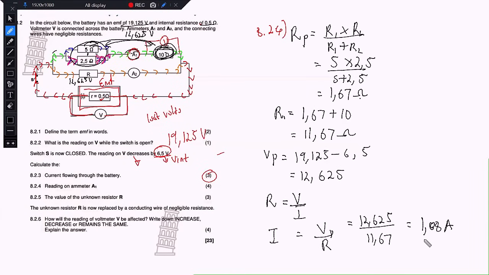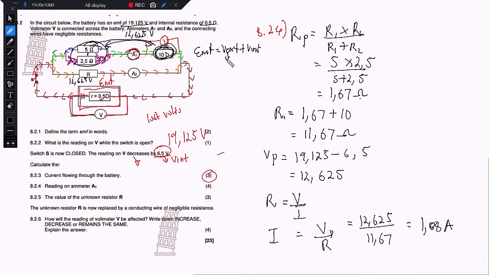Right? So note that we first calculated the R parallel over here, which we then combined to that one to give us 11.67. But then we calculated the voltage of the parallel simply by taking our voltage of the parallel as the V external. So EMF, remember, is V external plus V internal.